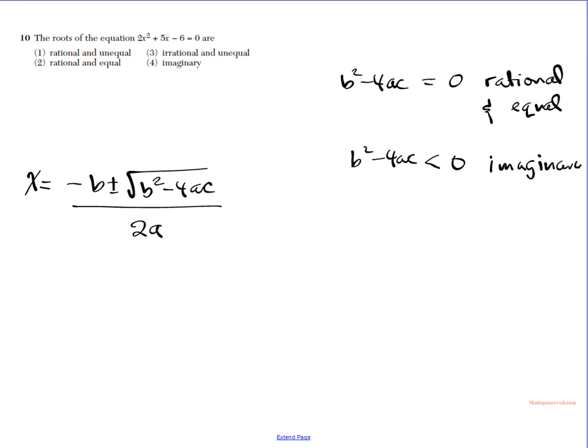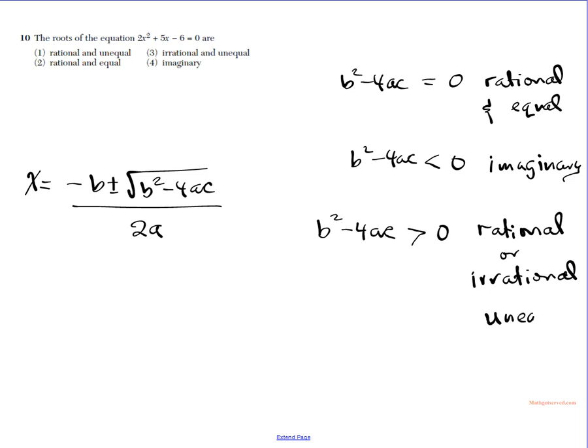Imaginary. Okay? If b squared minus 4ac is greater than 0, it's going to be rational, or irrational, but they're going to be unequal for sure.